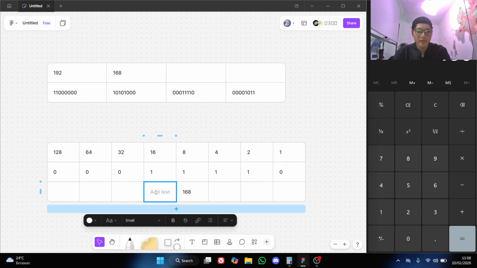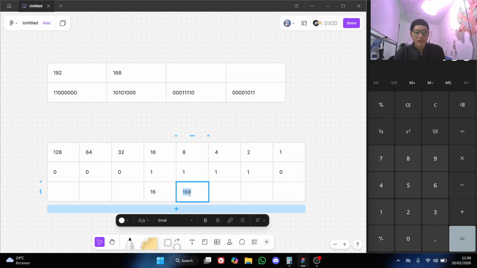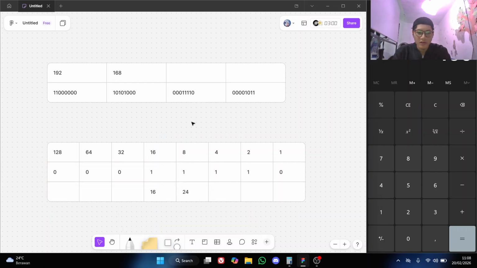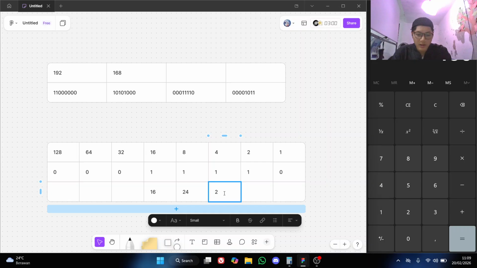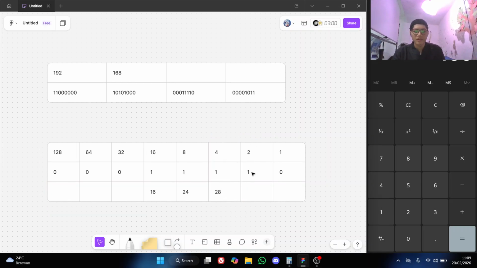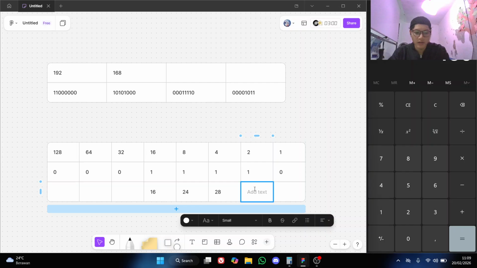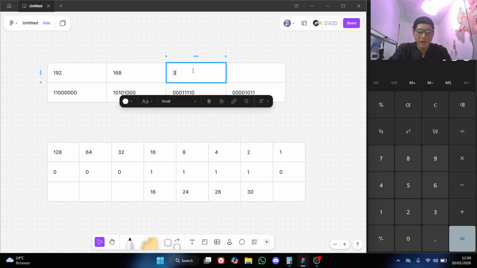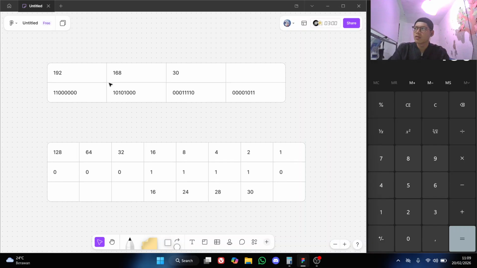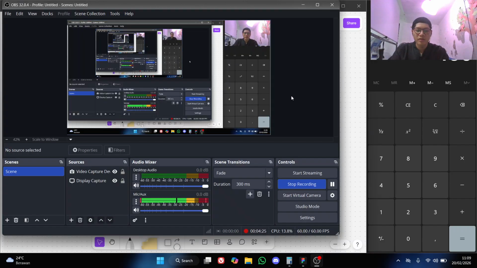And then we have 16. 16 is 1, so we have 16. And then 16 plus 8 is 24. And then 24 plus 4 is 28. And then 28 plus 2 is 30. So now the third octet is 30. So now we have 192, 168, and then 30.